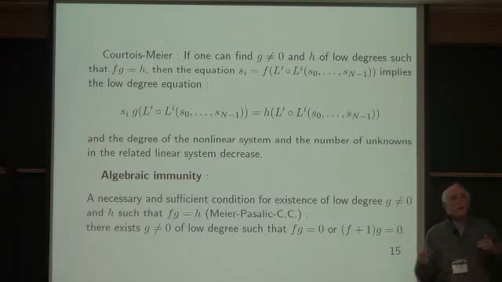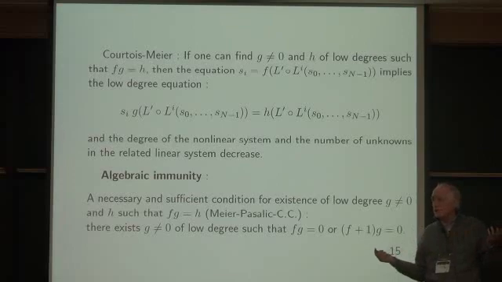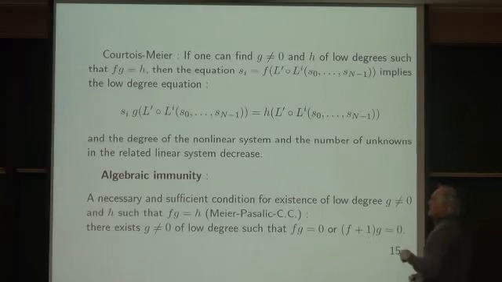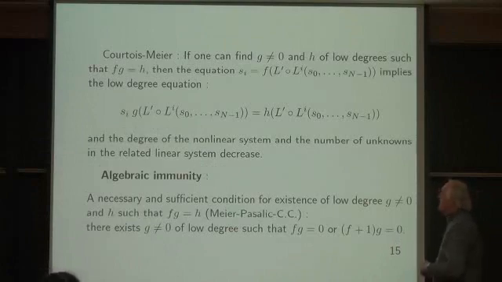You can have f of large degree, but both g and h of low degree. This very simple idea broke many systems which were previously considered efficient. So this leads to the notion of algebraic immunity.